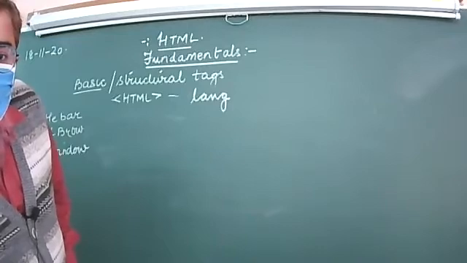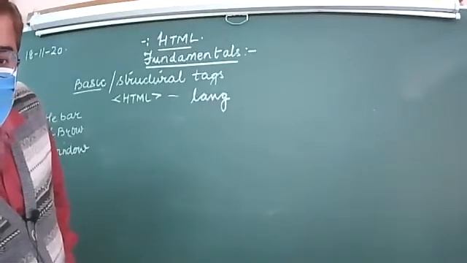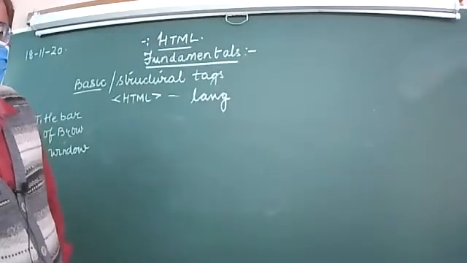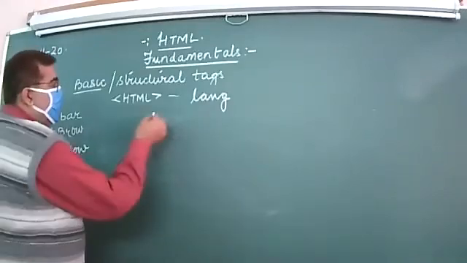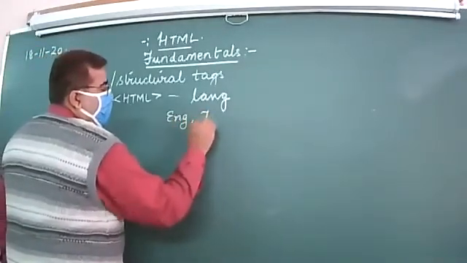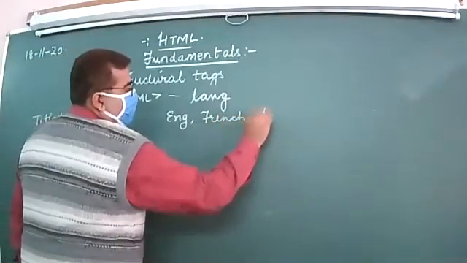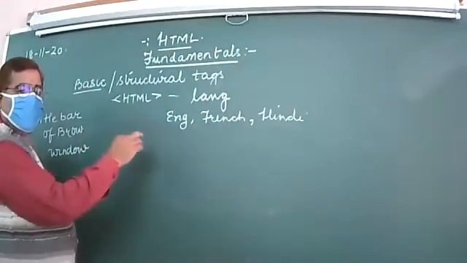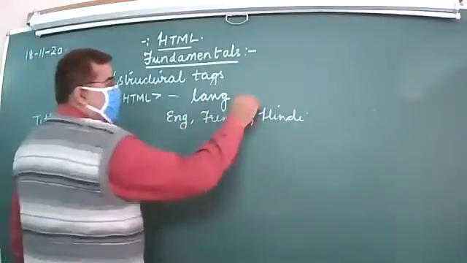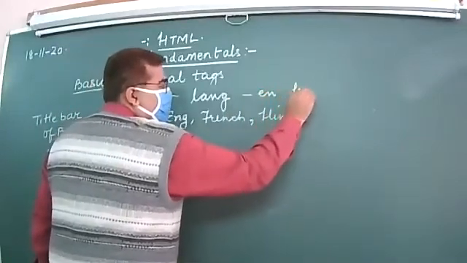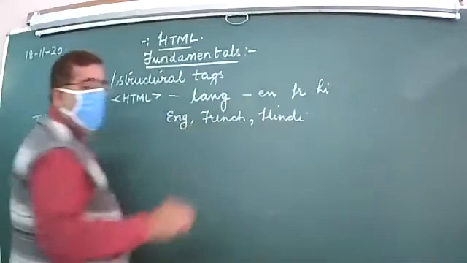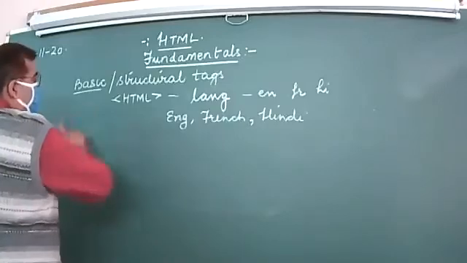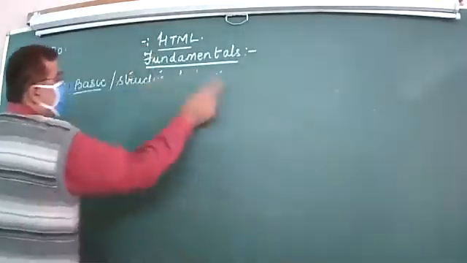So the lang attribute specifies the language that you are going to use in your HTML document, right? English, French, or Hindi, or German, whatever. Coding has been given to each language, like EN stands for English, FR stands for French, HI stands for Hindi. Clear?